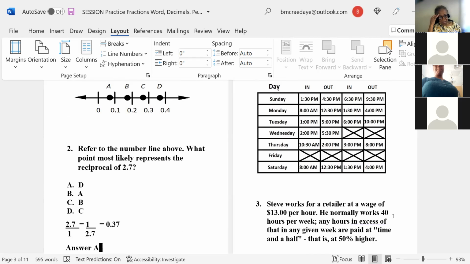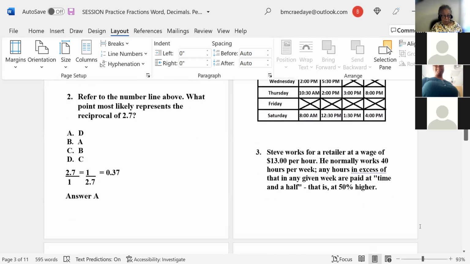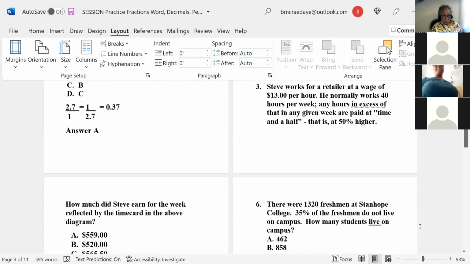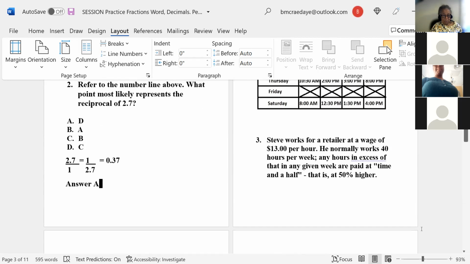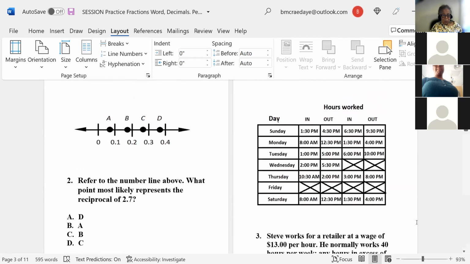That's why people like to work overtime, because their pay goes up. Now, this timesheet, they want you to look at it and say how much Steve earned for the week, which means you've got to go through these and get the number of hours.